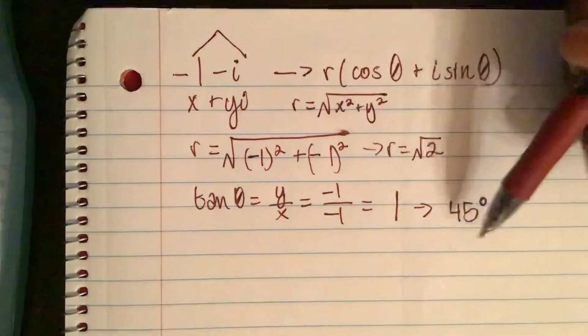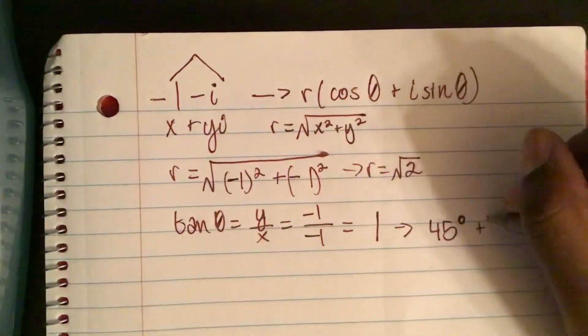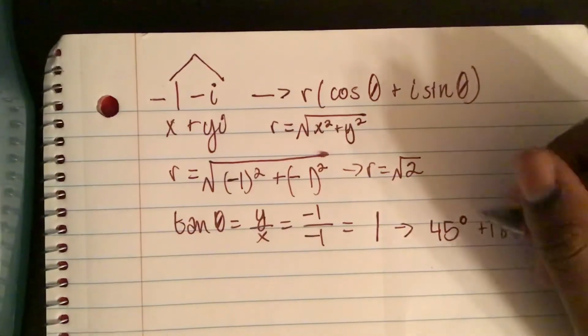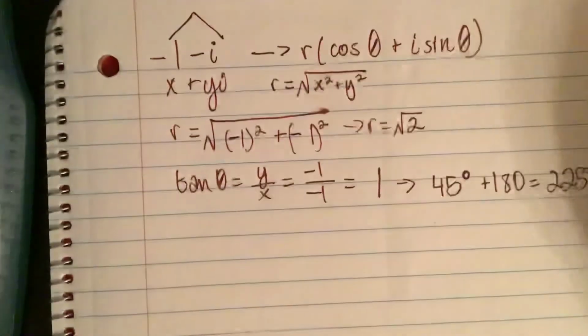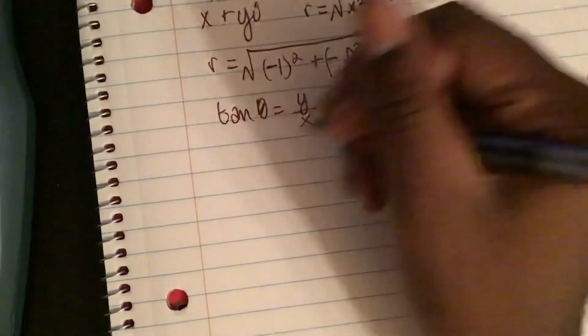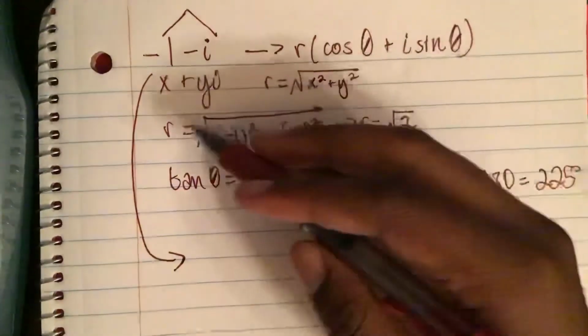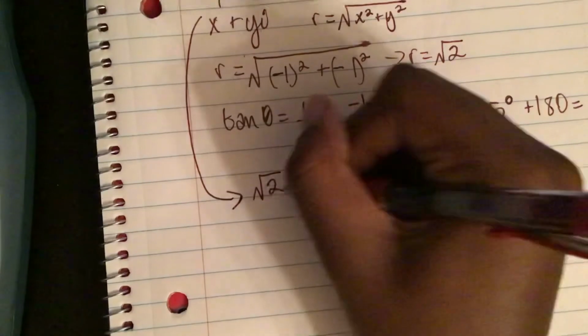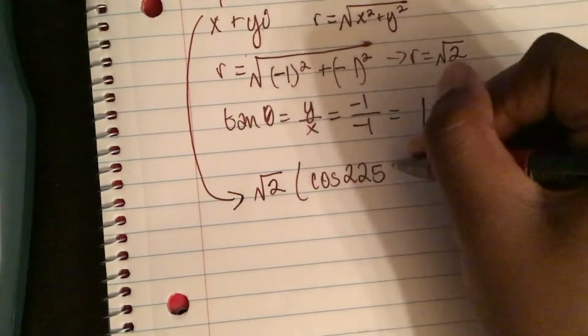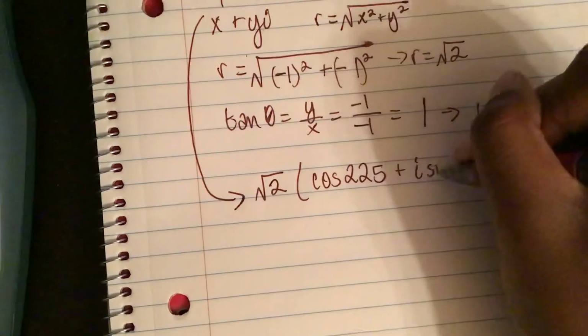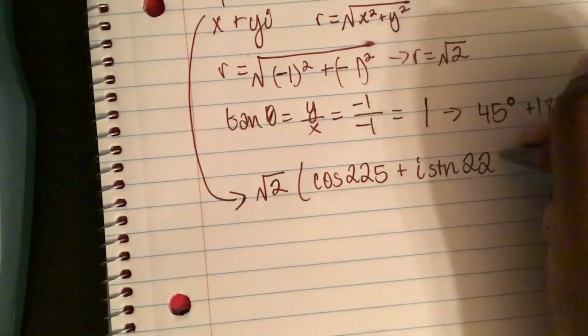So we're going to take 45 and add 180. 180 plus 45 is 225, which tells us that this trigonometric form of -1 minus I is going to be the square root of 2 times the cosine of 225 plus I times the sine of 225.